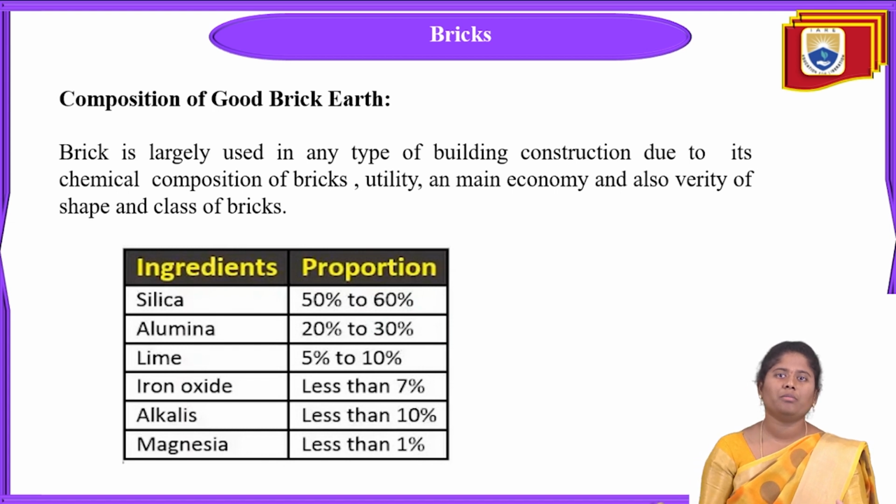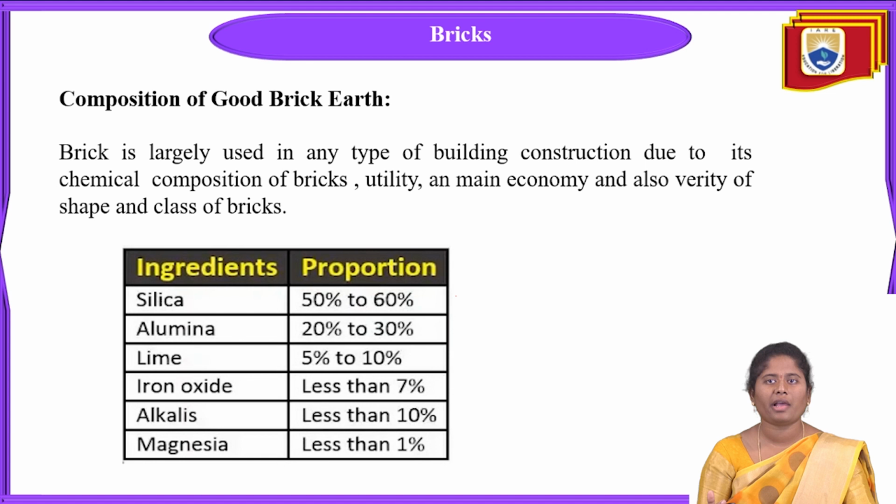Here you can see below the table of different chemical compositions. The first one is silica, which should be 50 to 60%. Next is alumina, which will be 20 to 30%. This is the normal chemical proportion that can be used in brick.